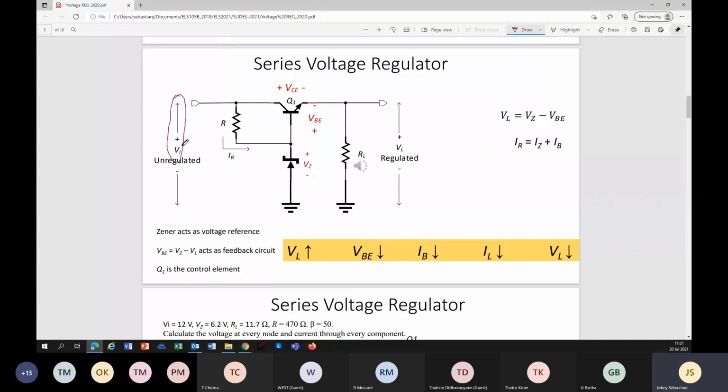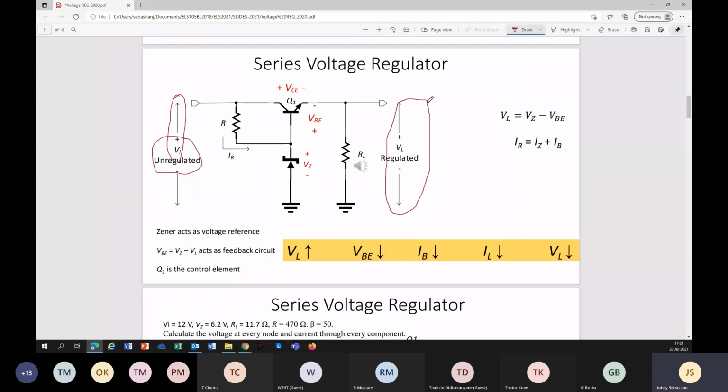And we already know what problems we have with this. There is line regulation, there is load regulation, and there are ripples. Now, between the input and the output, this is VL regulated.